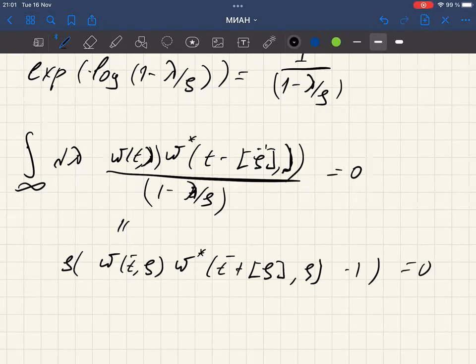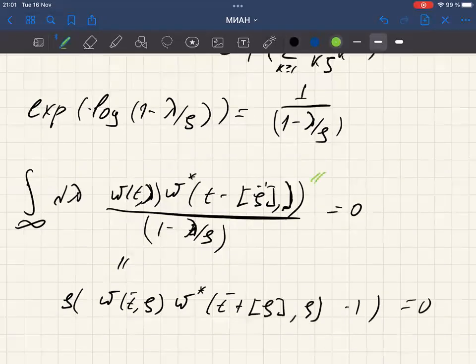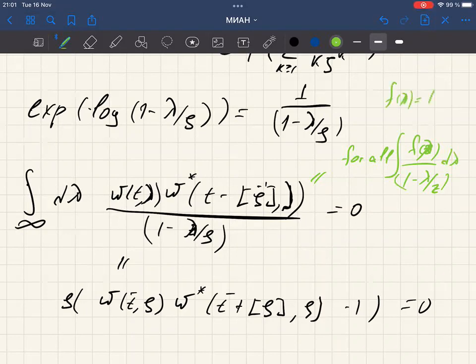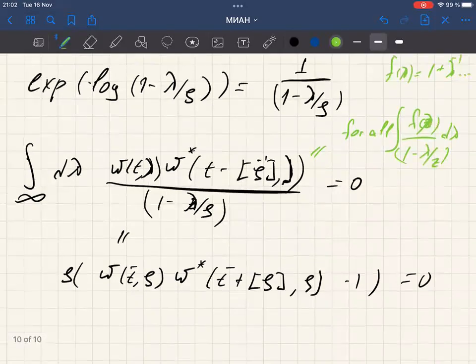This is because it should be true for all such integrals, where f of lambda equals 1 plus some negative powers of lambda minus 1, etc. It should be equal to zeta f of zeta minus 1.